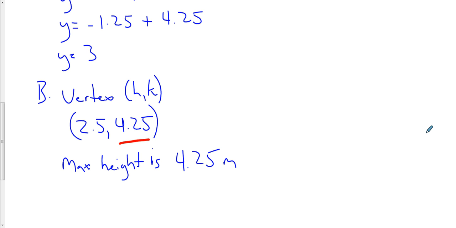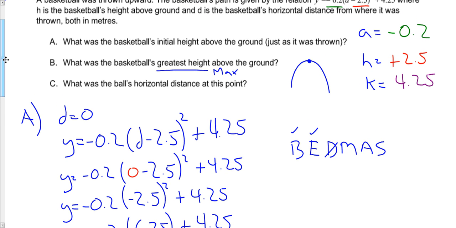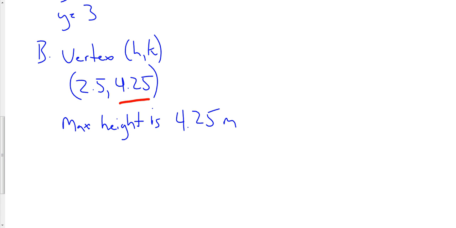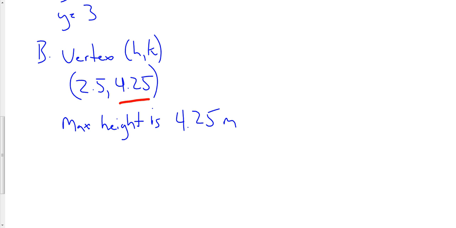We can also go back and identify, for part C here, it says, what was the ball's horizontal distance at that point. When we say the horizontal distance at that point, it means the horizontal distance at the maximum height. So as we go back, we realize that not only is our vertex 2.5 and 4.25, but we can also figure out what our horizontal distance is.